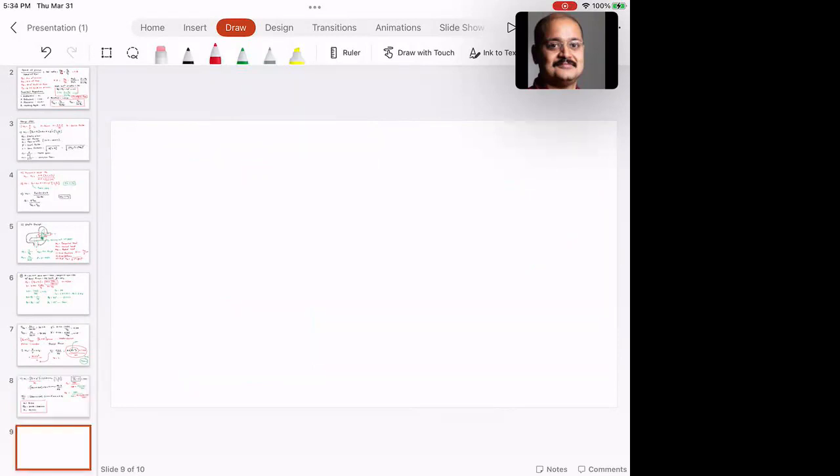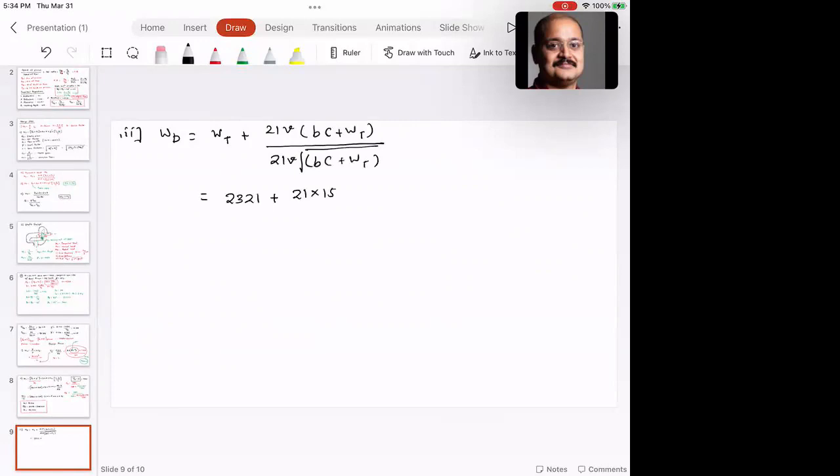Step number 2 is find the dynamic load. WD is equal to WT plus 21V times (BC plus WT) divided by 21V plus square root of (BC plus WT). And this equation is 2321 plus 21 multiplied by 15.